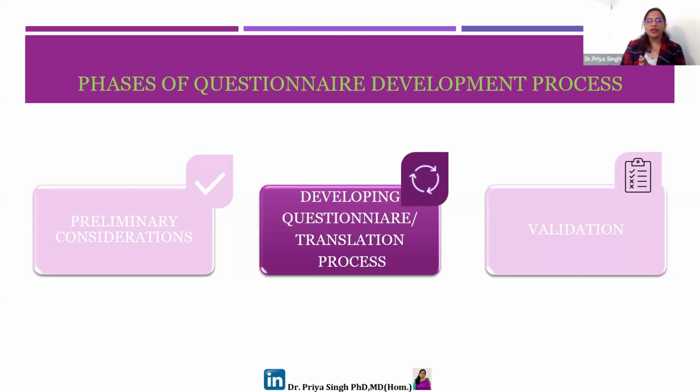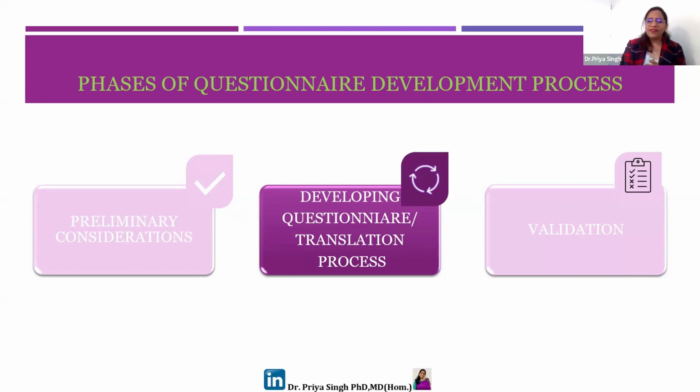Okay. Now, even after doing all of this, if you have had a literature review and you did not find any questionnaire that meets your construct and the objective that you want to find out, then you can move forward with developing your own questionnaire.